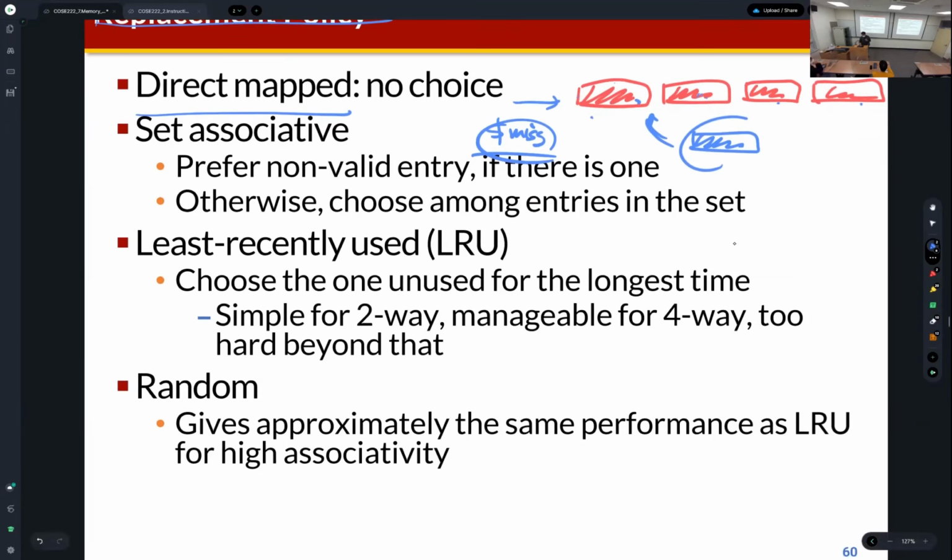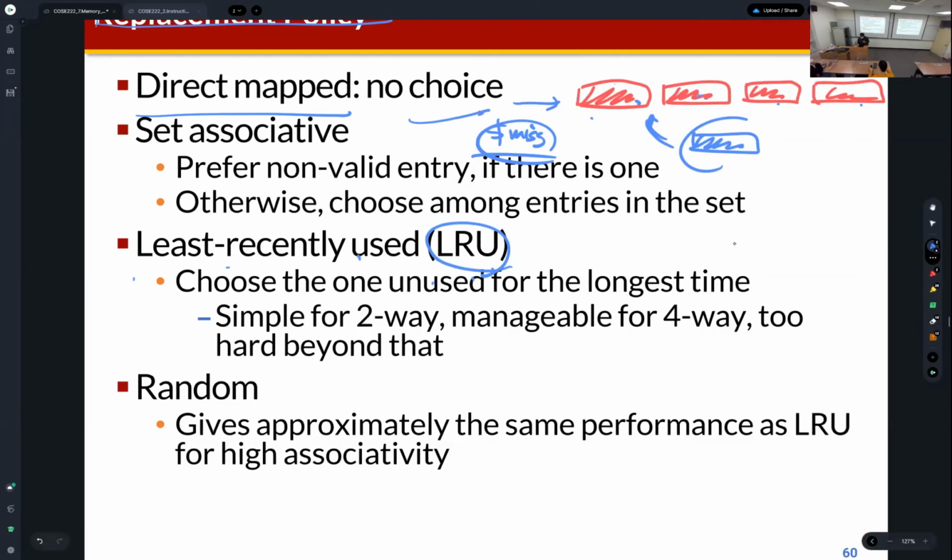I also briefly mentioned this in the previous class. Most caches use the LRU replacement policy. LRU represents least recently used. So what does that mean? When the cache is accessed, in the hit case, this block is used by a processor.